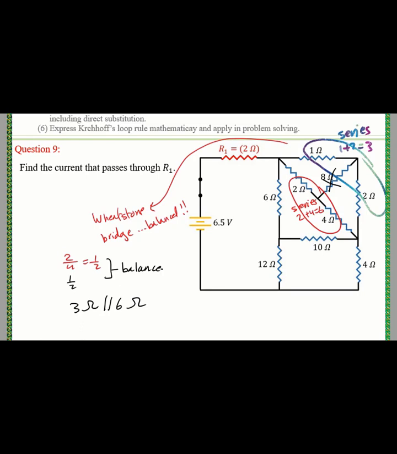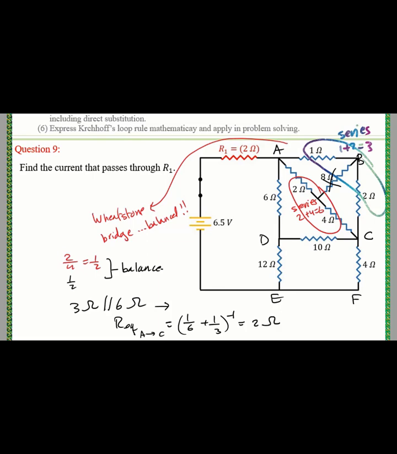They are in parallel, so if we put here A, B, C, D, E, F, the equivalent between A and C is 1 over 6 plus 1 over 3, all inverse because it is parallel, so it is 2 ohms.